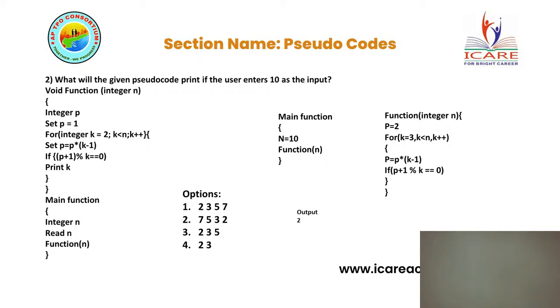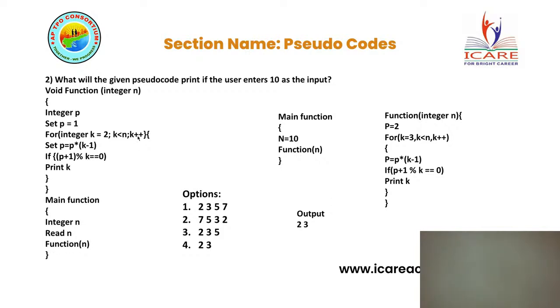The if condition is true, so we are entering into the if block. There is a statement print k. So k value is 3, and we are just printing the value 3.